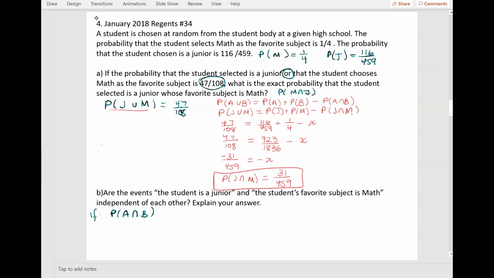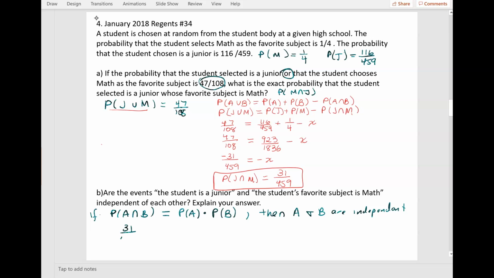So if the probability of both events occurring is equal to the probability of the first times the probability of the second, then A and B are independent. It just saves some time in this case, using this method based on the information given.